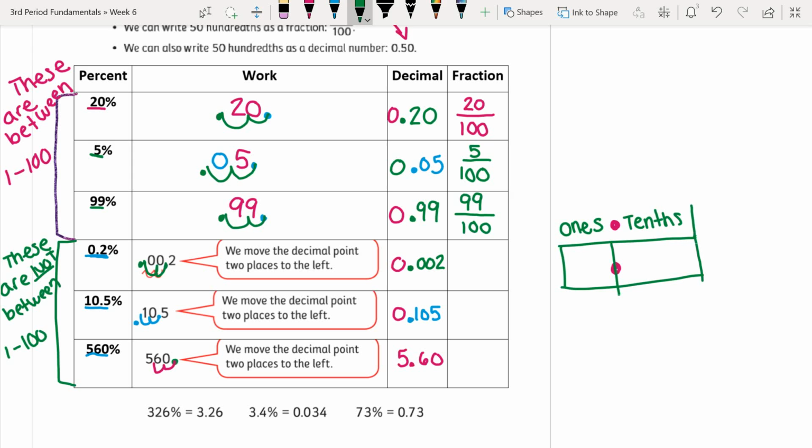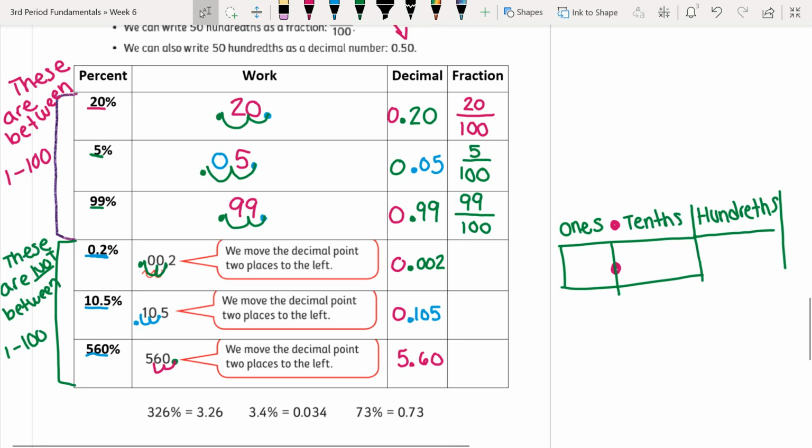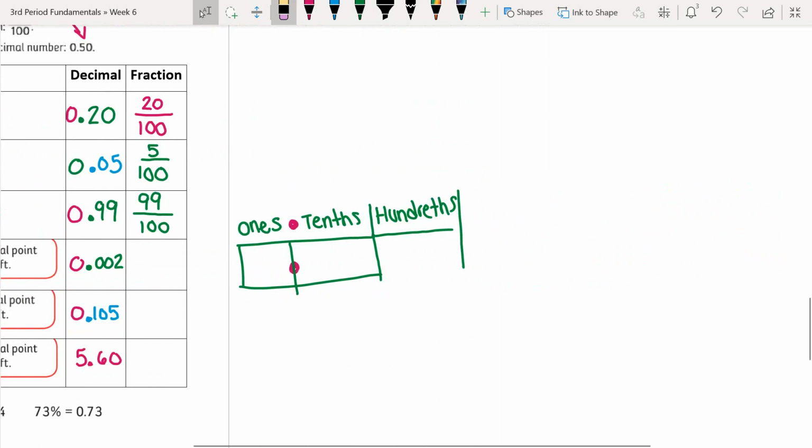After the tenths spot, we have the hundredths spot. So that would be 2 decimal points after, or 2 numbers after the decimal point, is probably another way to say that. And then we also have the thousandths spot.